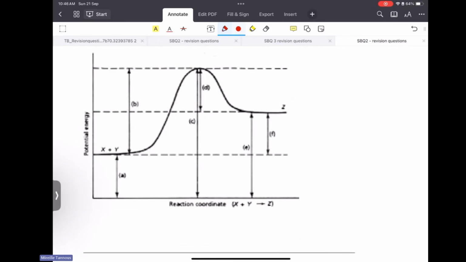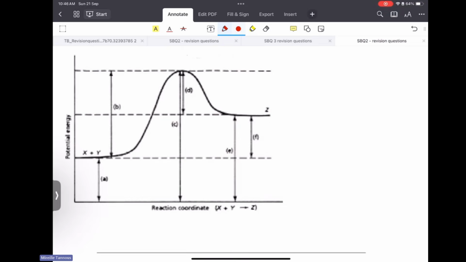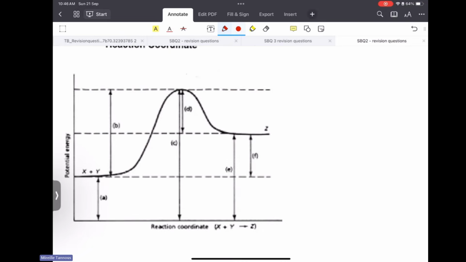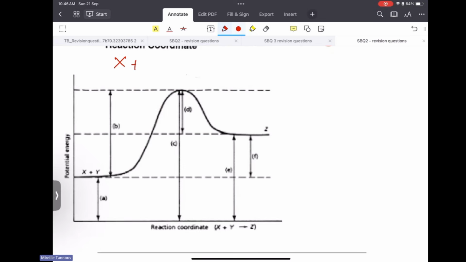Again, another diagram. If they ask you to write the equation, I'm sorry for the bad resolution, the reaction is X plus Y, I took it from here, X plus Y gives Z. So Z is the product. Now, I need to put delta H on the equation. Delta H is the difference between them, and it is this value.